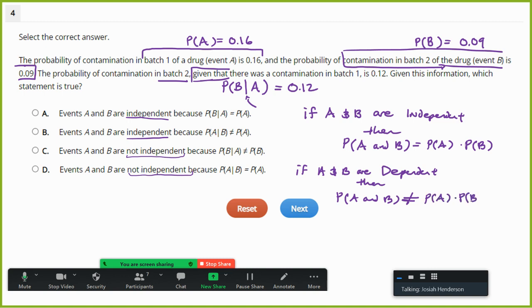In fact, it would be probability of A times B given that A has occurred. So the other one they did give us. So we should be able to check it for sure this time.